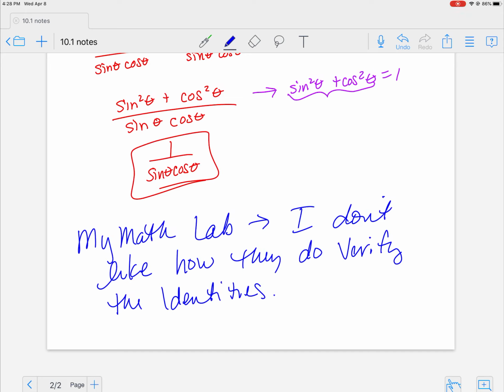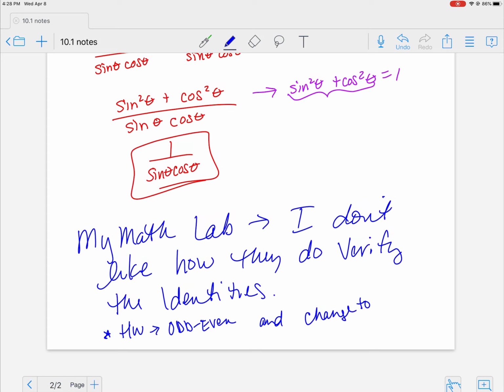Verify the identities. Because they walk you through it too much. The answer to these problems is the process. So the whole answer to these problems is the process. You already know the answer because I'm going to give you something that's equal. So I don't like how they do this. They don't let you think through that process. You may choose to go a different route, and that's okay.